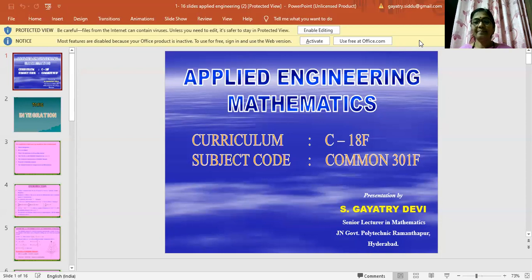In this session, I am going to explain a topic from the subject Applied Engineering Mathematics, which is under the curriculum C18F with the subject code Common 301F.